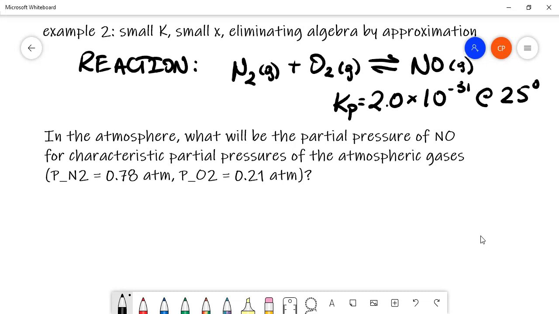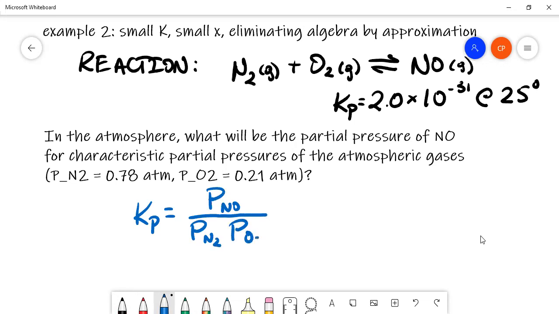But when we use Kp, what we're telling you is we're using an equilibrium constant that's built out of pressures, not out of concentrations. So the equilibrium expression this time is given as the pressures of the products over the pressures of the reactants. The pressure of NO divided by the pressure of N2 times the pressure of O2.